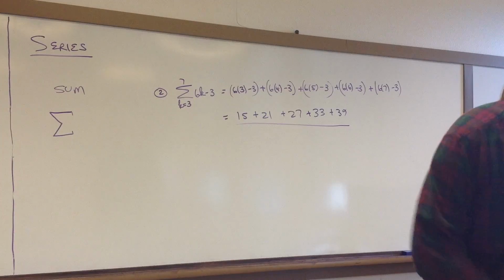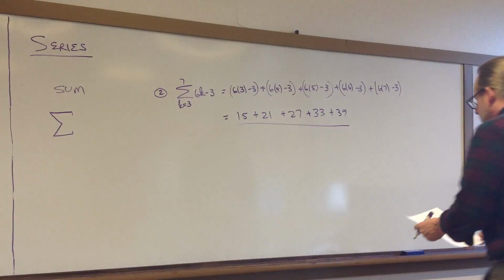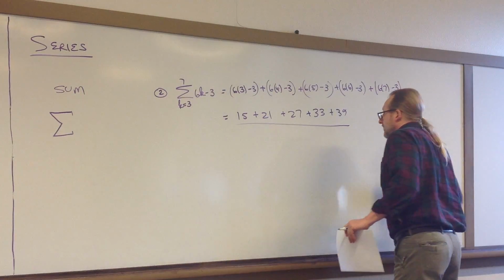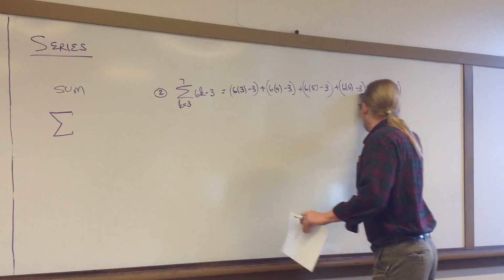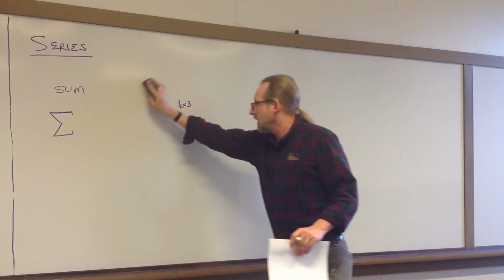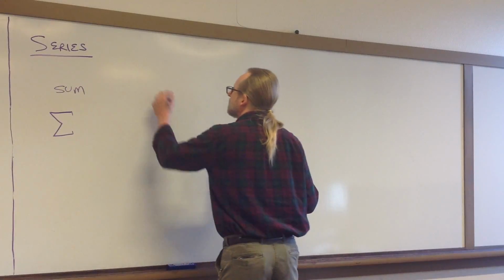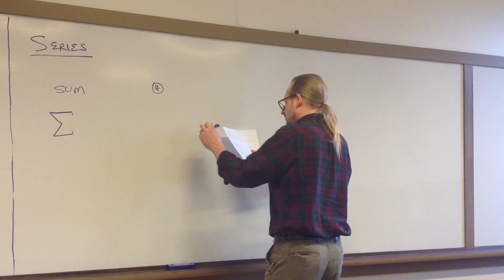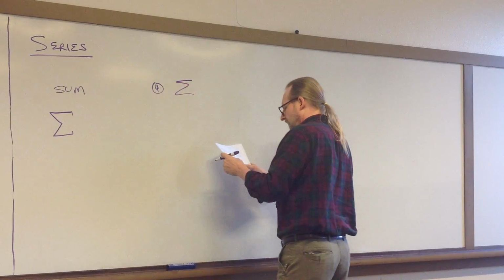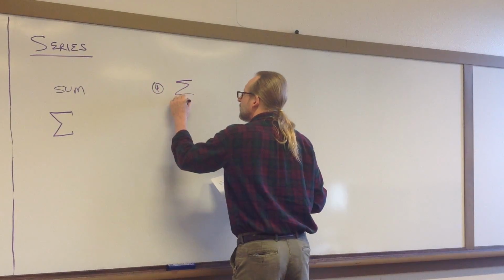Problem 4, you see we've got that negative 1 to the k plus 1 power in there. So that's going to make this an alternating series. This is a finite alternating series. The infinite alternating series are sometimes even more baffling than the regular infinite series.